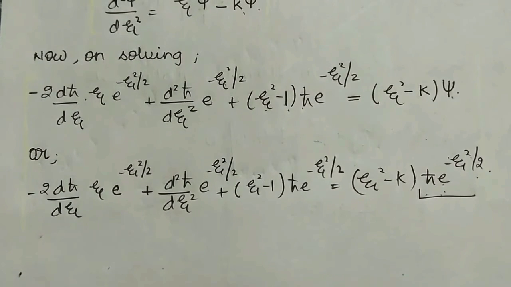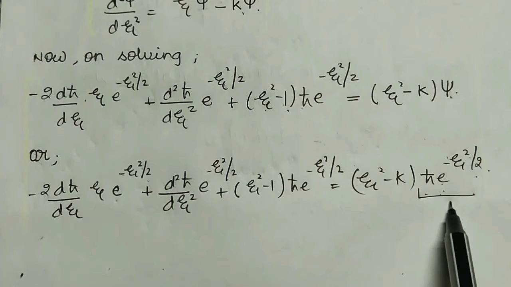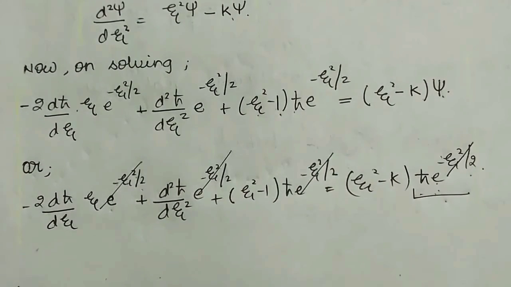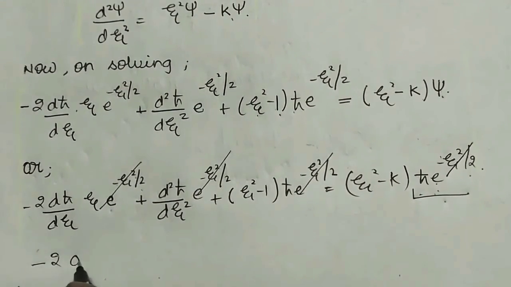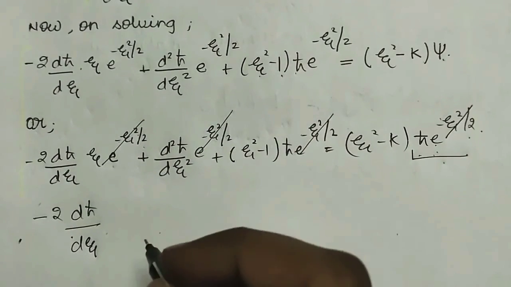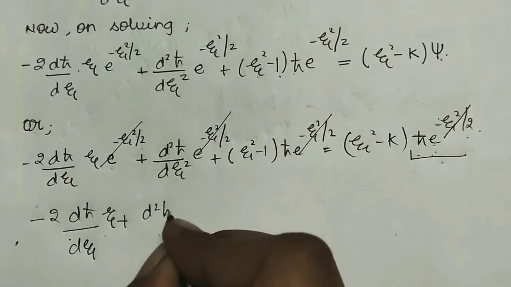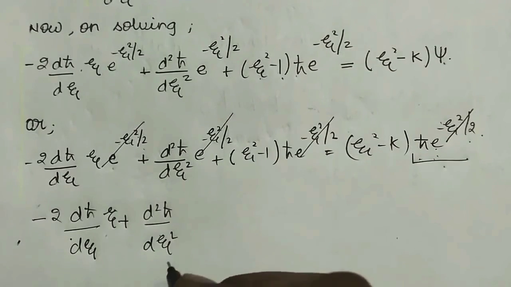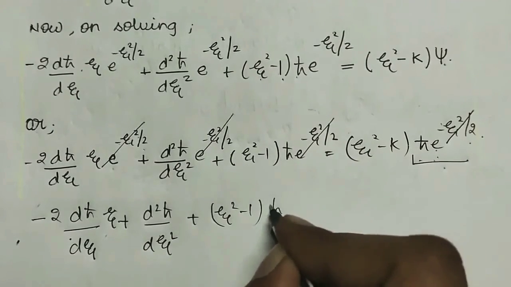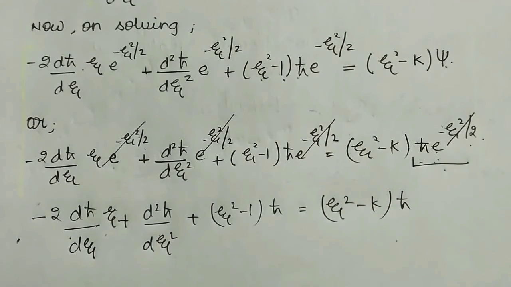If we take a common of e to the power minus j square by 2 from the entire equation, this j square by 2, this j square by 2, this and this were left, and the equation will be d2 h cross del j square plus j square minus 1 h cross equal j square minus k h cross.